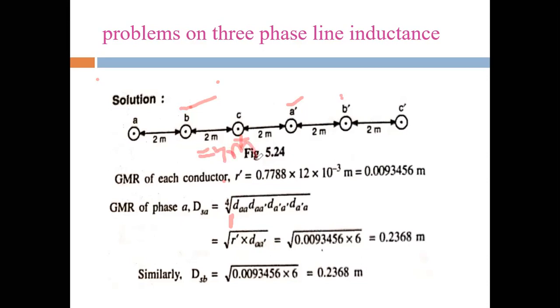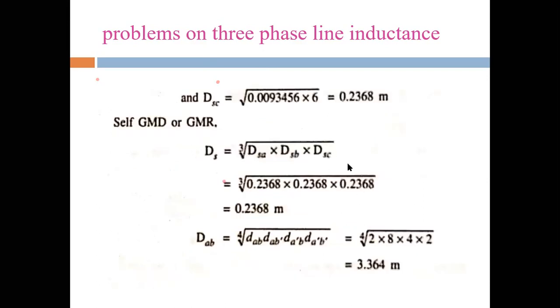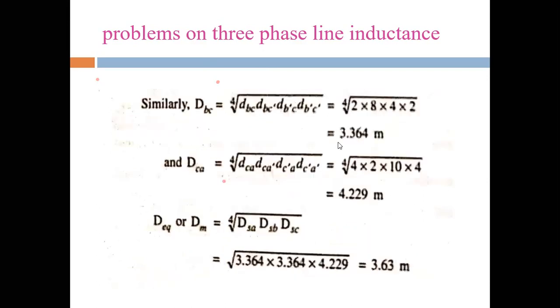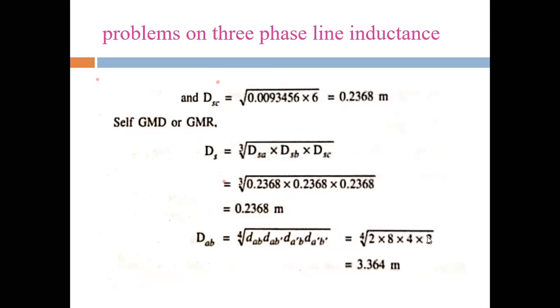The distance between A dash to B, or B to A dash, is equal to 4 meters. Each side is the same length, that's why they are taken as 4 meters.